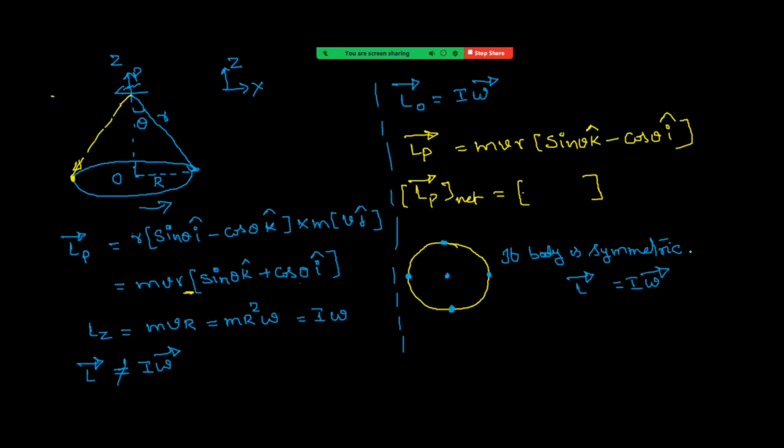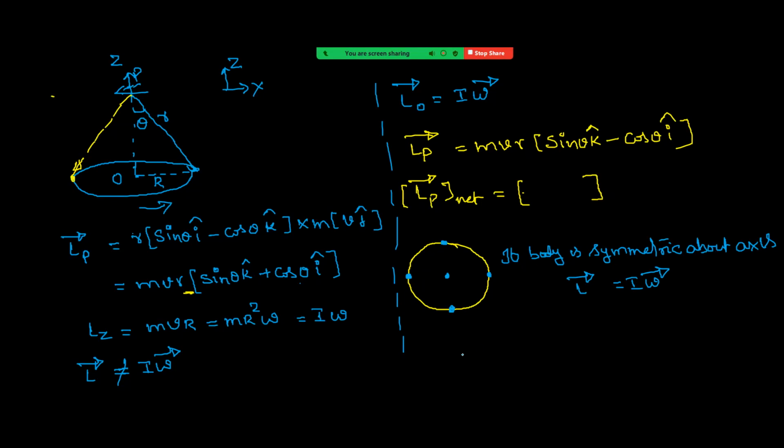If the body is symmetric about the axis of rotation, this is more important. Its meaning is, if you find one point mass on one side, we can find a point mass on the other side also. That is the meaning of body symmetry.